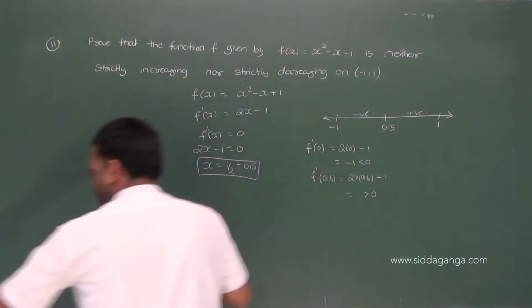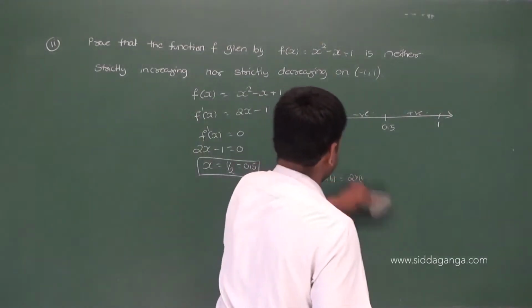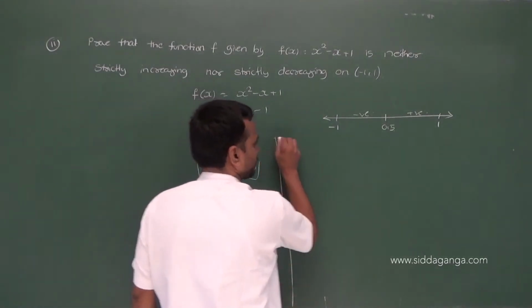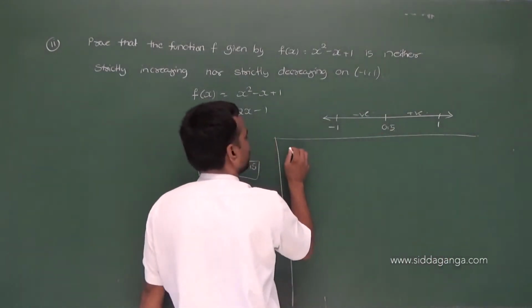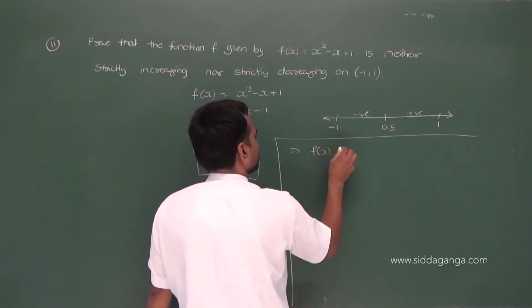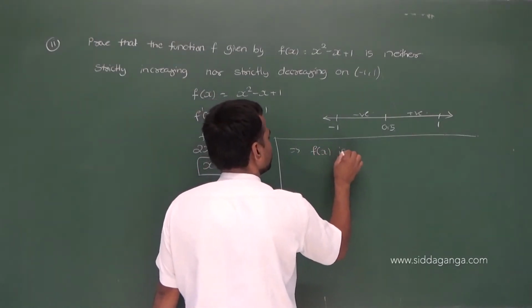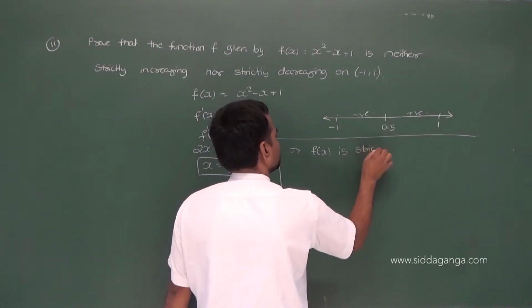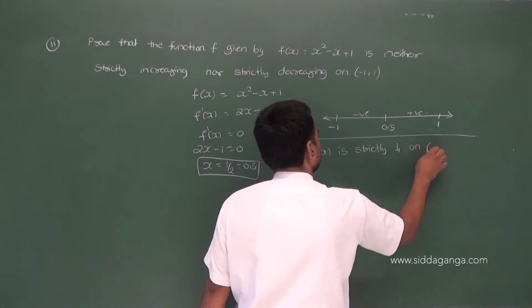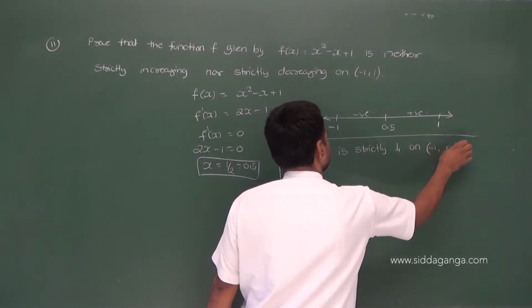So, that implies f of x is strictly decreasing on minus 1 to 0.5.